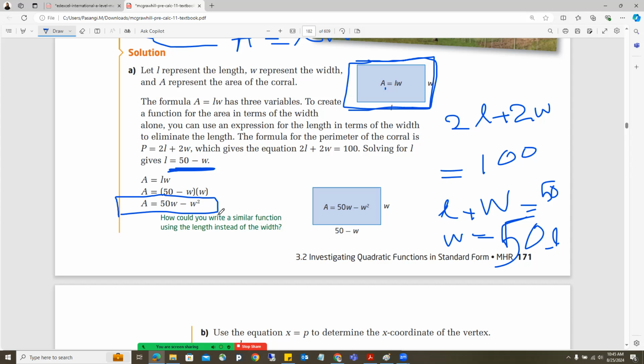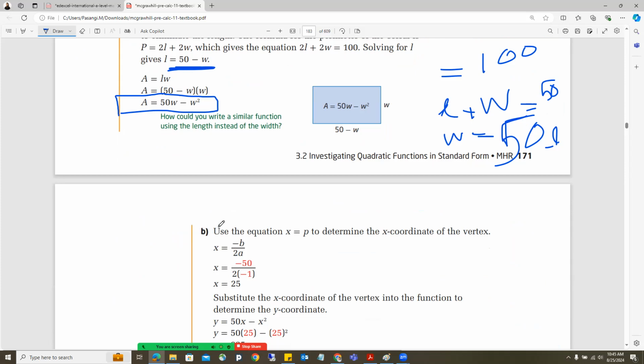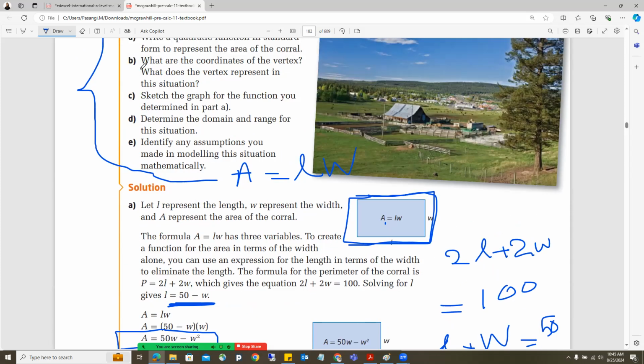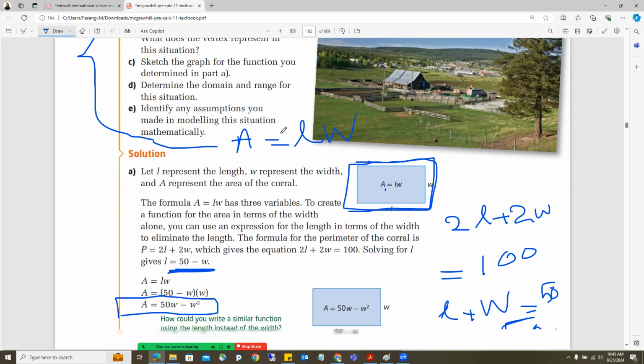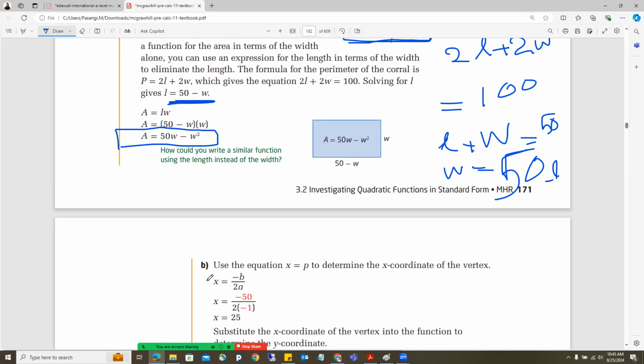Then they're asking us to sketch the graph for the function you determined in part A. Before that, we need to answer B. What are the coordinates of the vertex? What does the vertex represent in this situation? Now the equation is A equals minus W squared plus 50W.